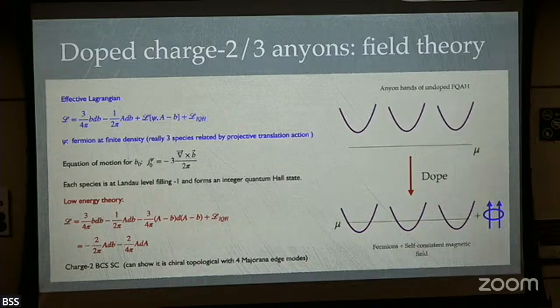And by keeping track of the edge states, there's a very mechanical way to do that by coupling a metric to this system, but I'm not indicating that. You can look for thermal edge currents by keeping track of a metric. You can show that it's a chiral topological superconductor with 4 Majorana edge modes. So that's the rough sketch of how the effective field theory calculation works.